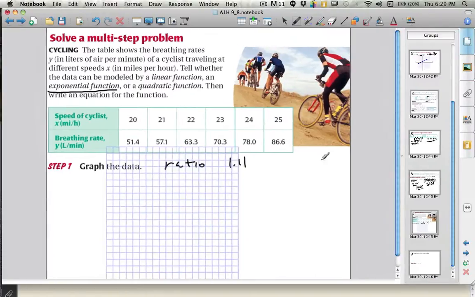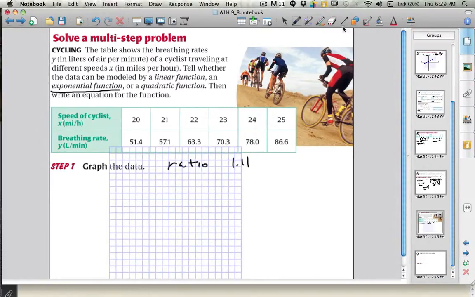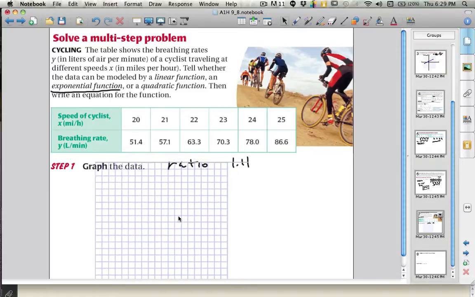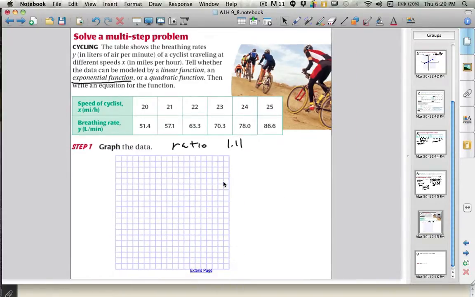Okay, if I wanted to graph the data, I could do that. And that might also help me because I could look at the shape of the output, right? So that might be very helpful. So if we look at going ahead and graphing the data, let's see what that looks like.